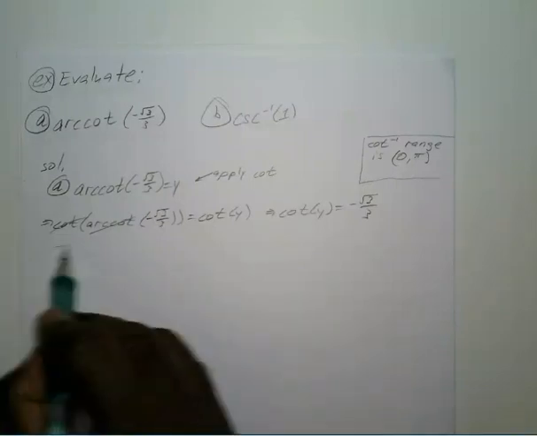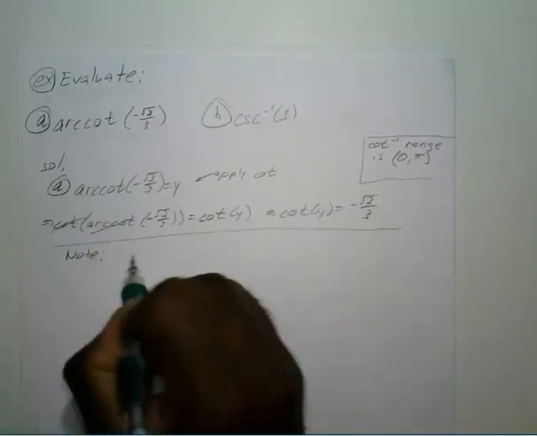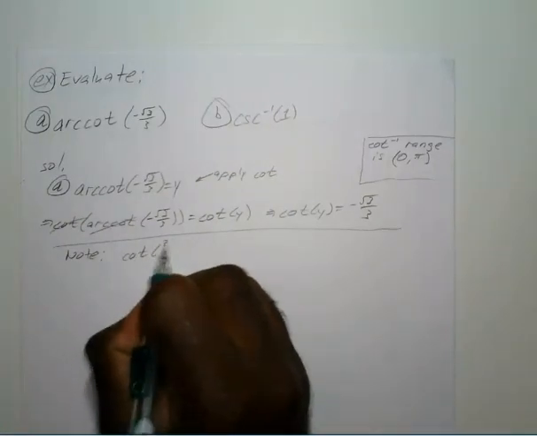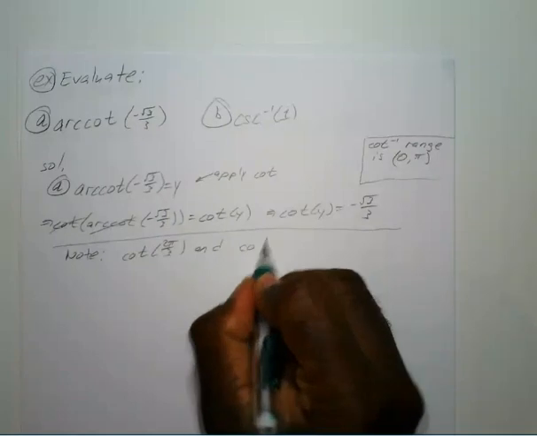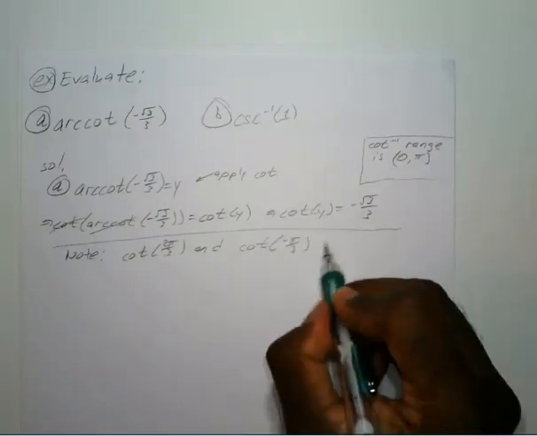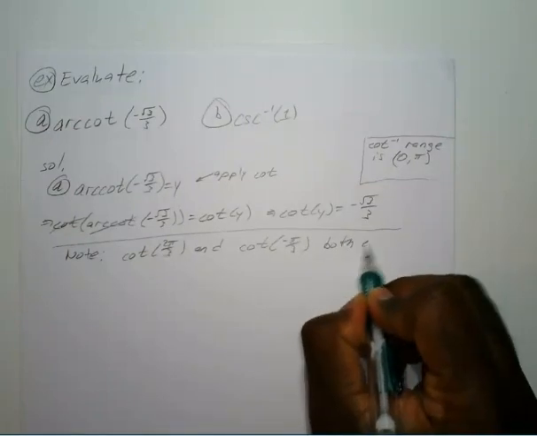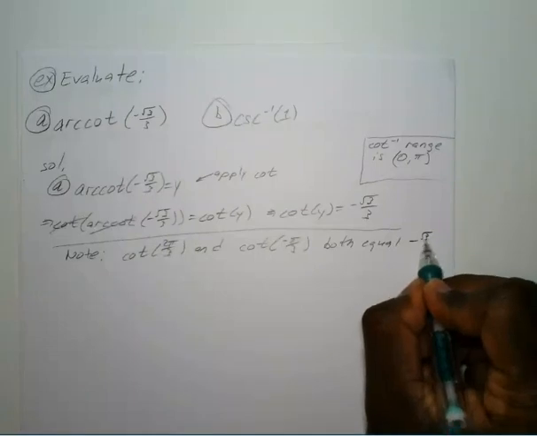Quick note: cotangent of 2 pi over 3 and cotangent of negative pi over 3 both equal negative square root of 3 over 3.